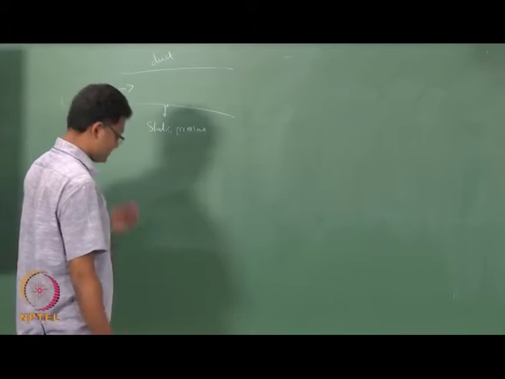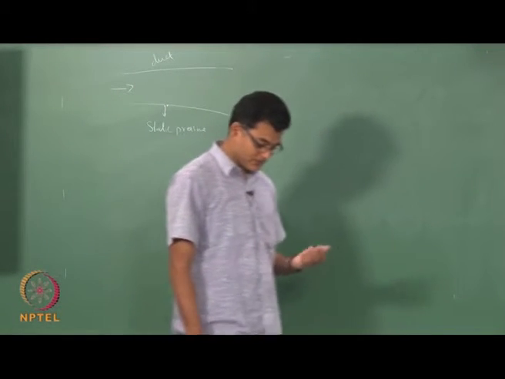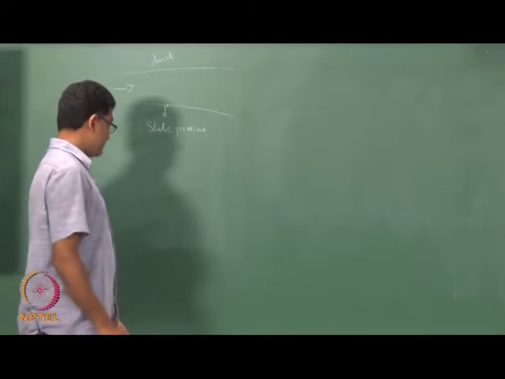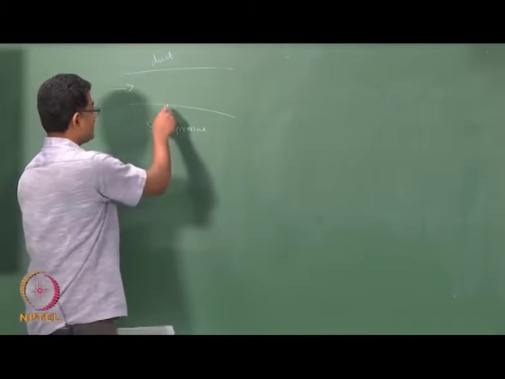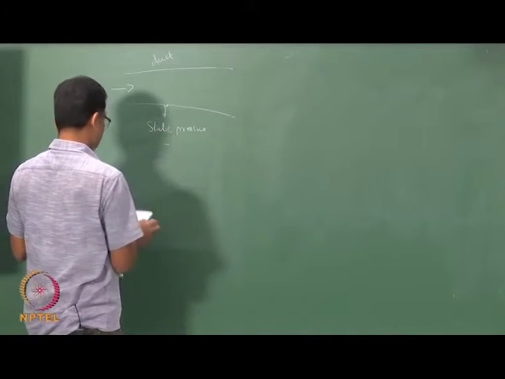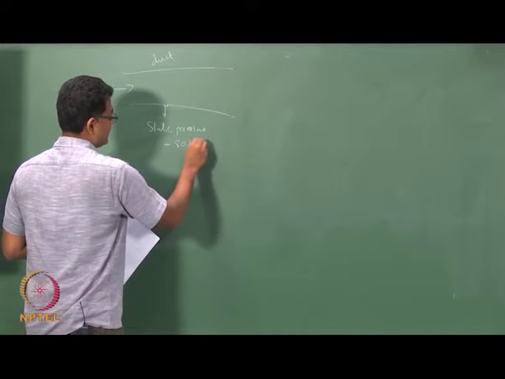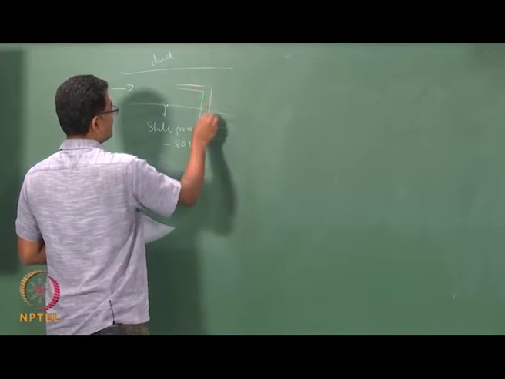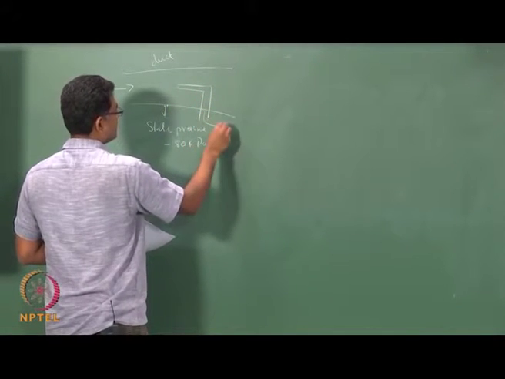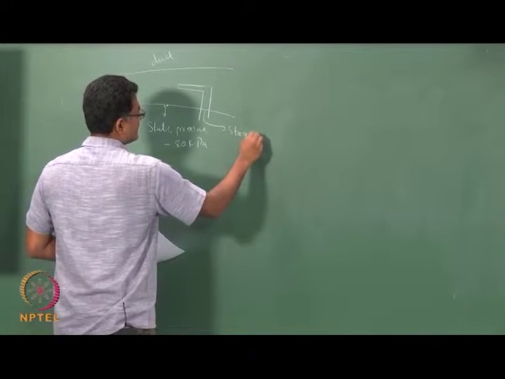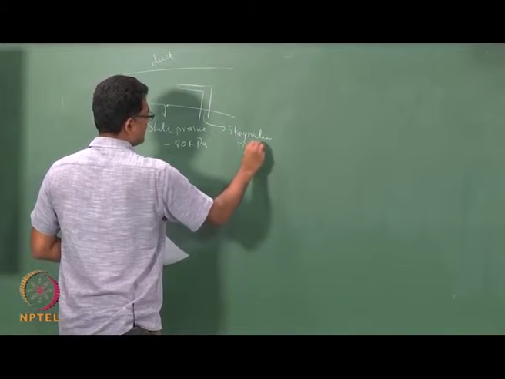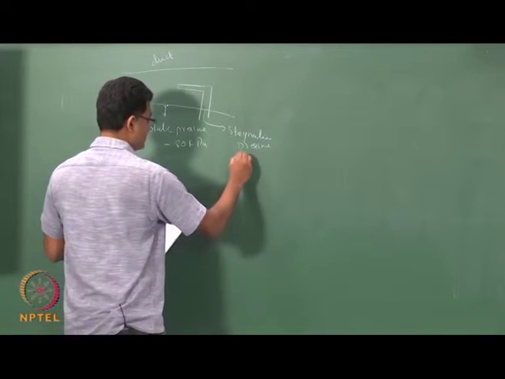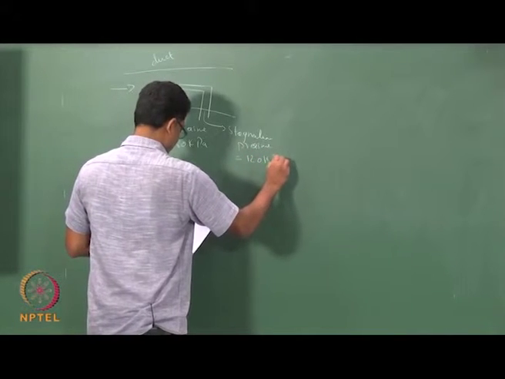We will discuss how static pressure and stagnation pressures are measured in classes that come later, but for the time being, what is measured at the wall is the static pressure, which is 80 kilopascal, and I have a pitot tube here which measures my stagnation pressure, which measures around 120 kilopascal.